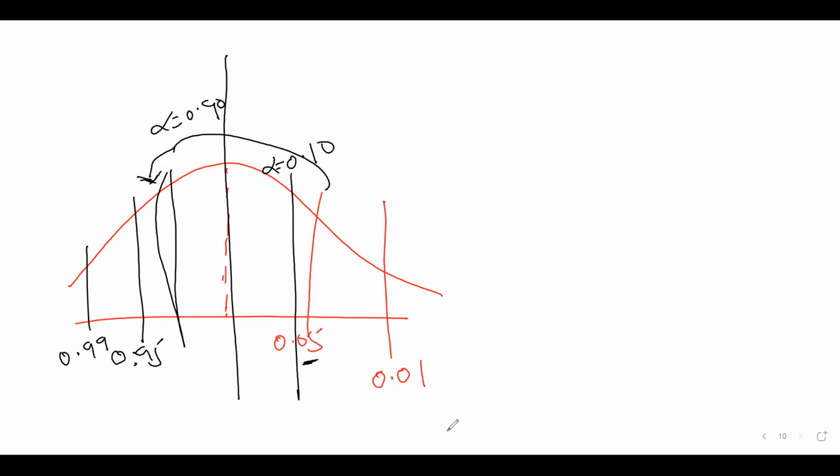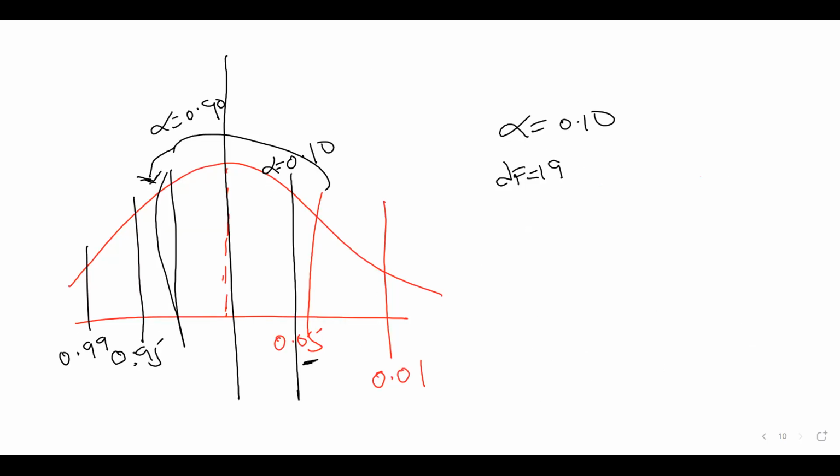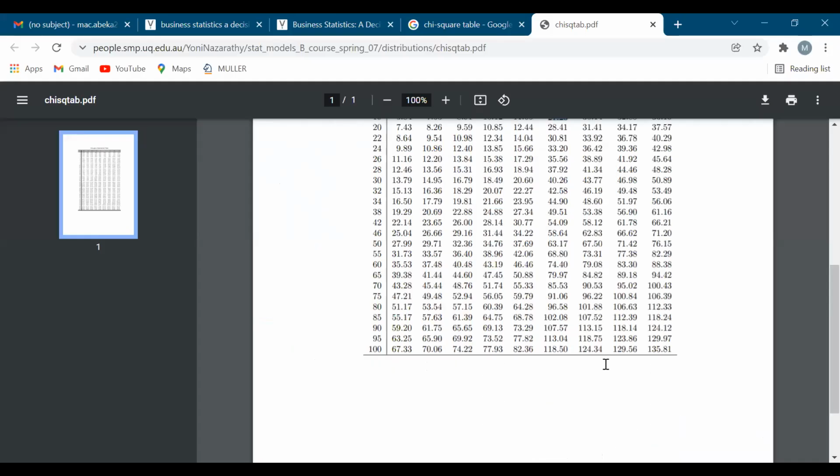So let's look at something here. Our alpha was 0.10 per the question. Degree of freedom is 19. So let's go to our chi-square table and read. There's the chi-square distribution table.